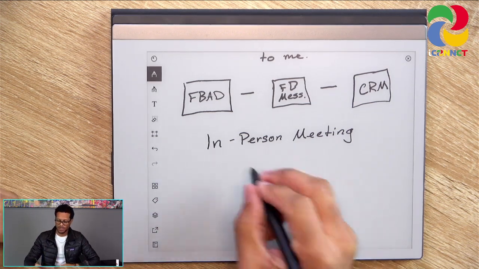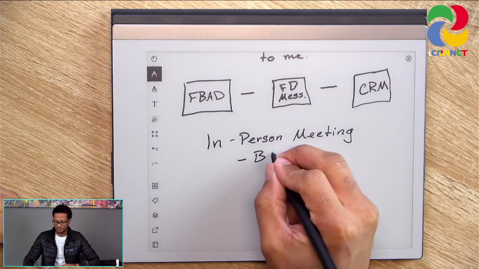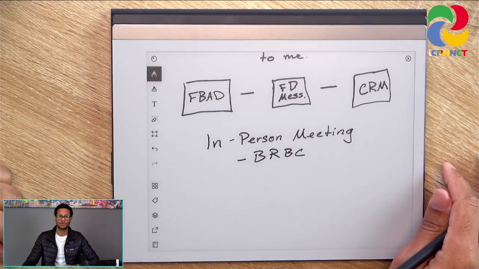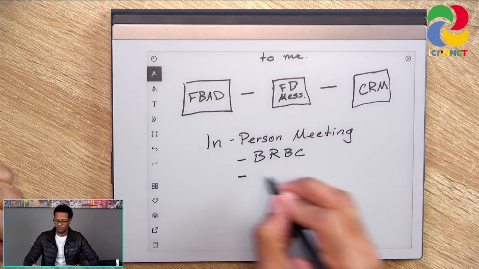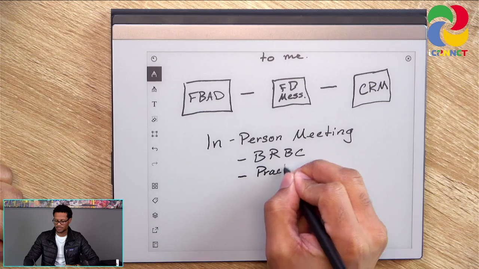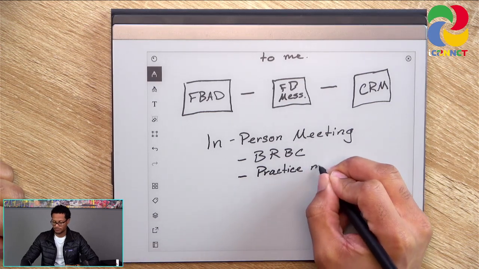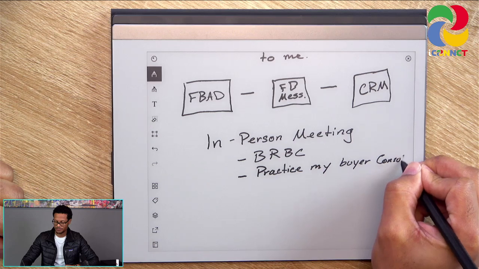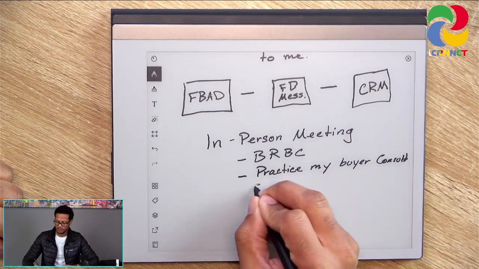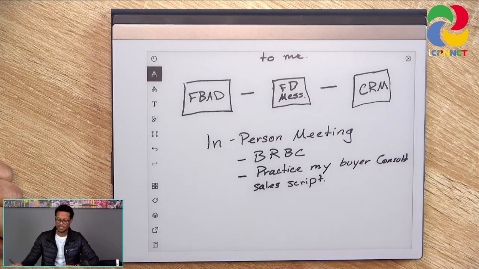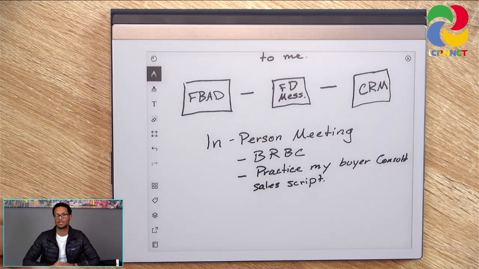Since it's a buyer, I'm going to need my BRBC. I need that contract handy when I meet them. I also need to practice my sales scripts, my buyer consult sales scripts. So what am I going to say to them in order to influence them to now be a client of mine?